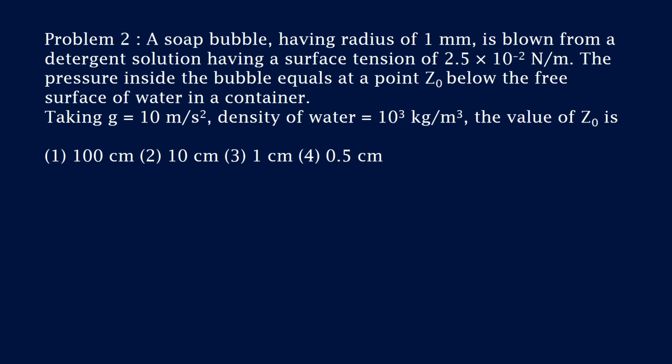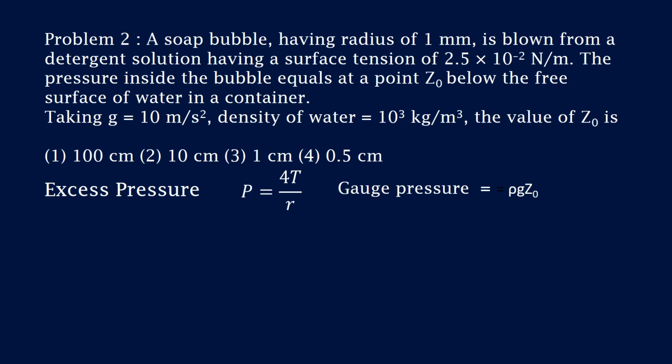Now, excess pressure P is equal to 4T upon R, and the gauge pressure at point Z0 is equal to rho G Z0. Now, the external pressure on the soap bubble is P0, and the same pressure will be at a distance of Z0 below the free surface of water.